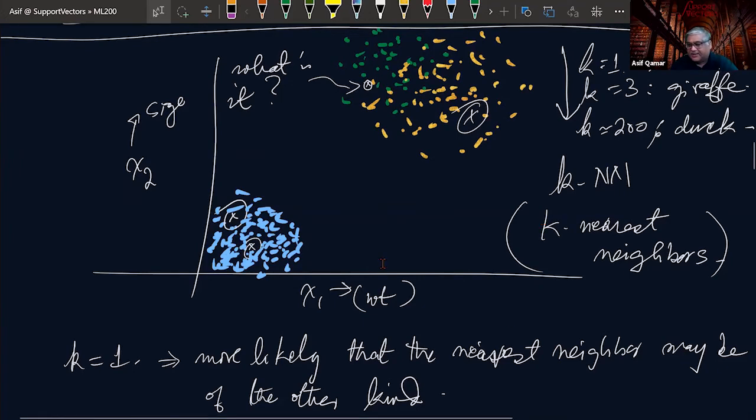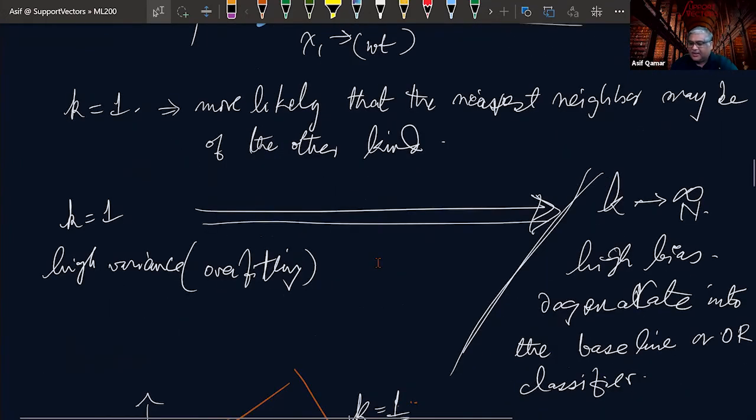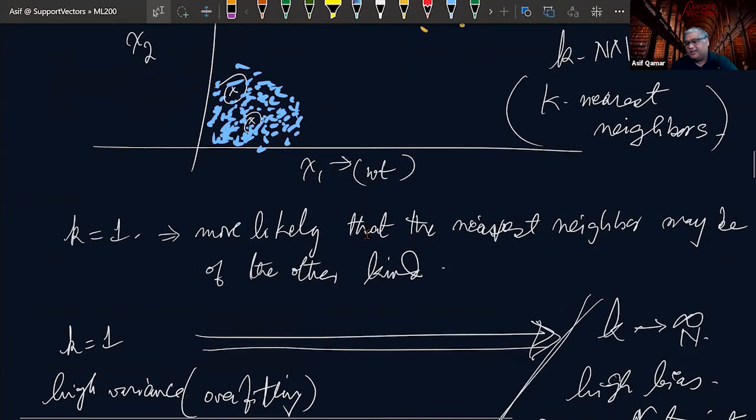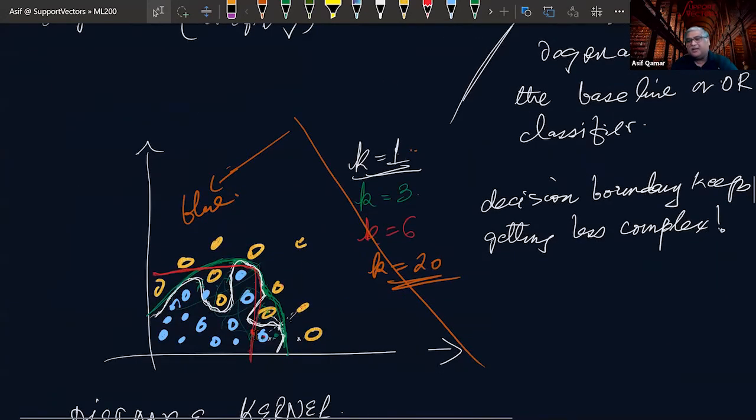Here the kernels are distance kernels, and we applied it to the KNN. We realized that when we take k equal to 1 nearest neighbor, the decision boundaries, you notice that they have high variance. On the other hand, when you take k equal to infinity, or k equal to 20 in this case, the decision boundary is just meaningless.